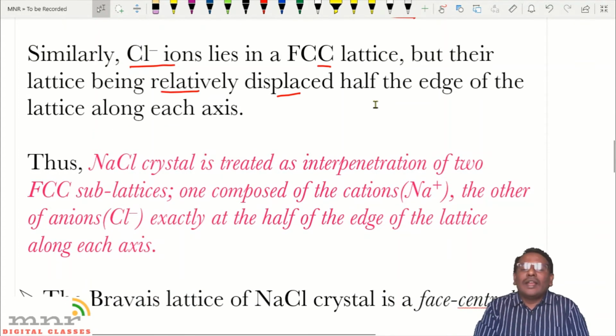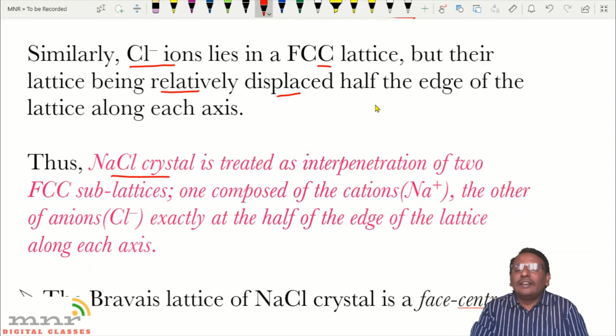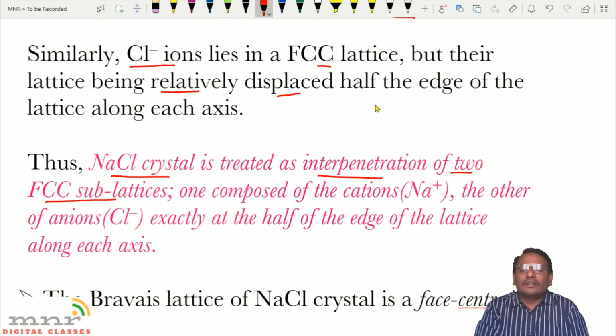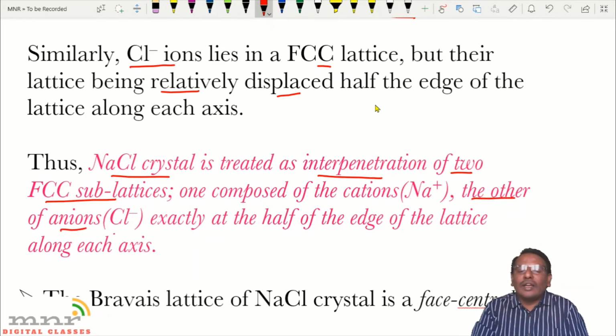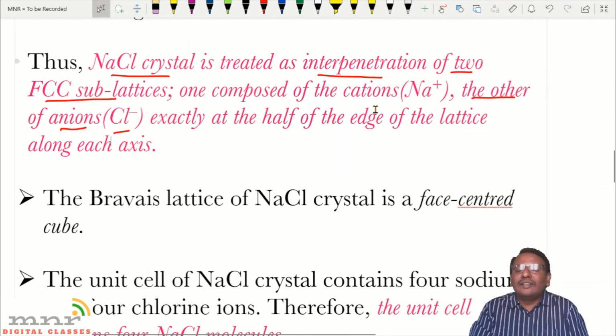So we can treat the NaCl crystal as an interpenetration of two FCC sublattices, one composed of cations, that is sodium ions, and the other composed of anions, or chloride ions, displaced by half the edge of the lattice along each axis. So we can conclude that the Bravais lattice of NaCl crystal is face-centered cubic.